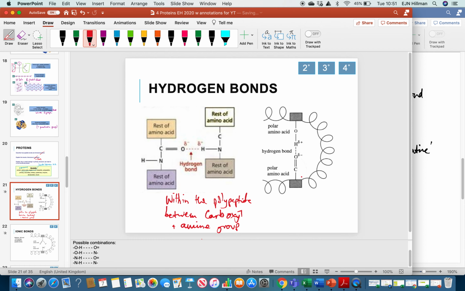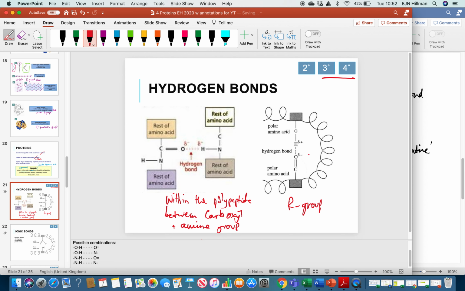In the tertiary structure and the quaternary structure, these are between the R groups. So electropositive hydrogens and an electronegative oxygen or nitrogen between the different R groups.